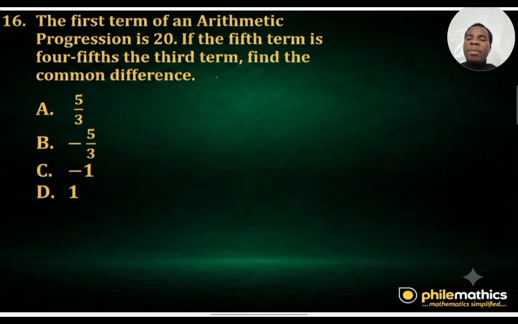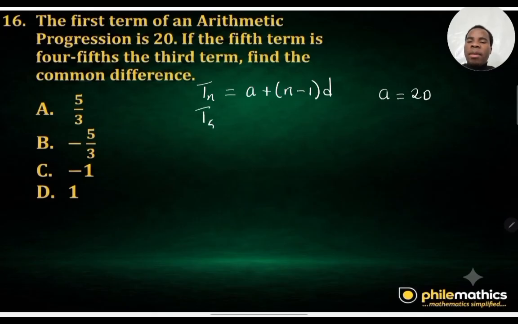The nth term of an arithmetic progression is the first term plus the n minus 1 times the common difference. So if you are told that the first term is 20, it means A is 20. Let's look for what the fifth term is and what the third term is before we can combine the relationship we have there.